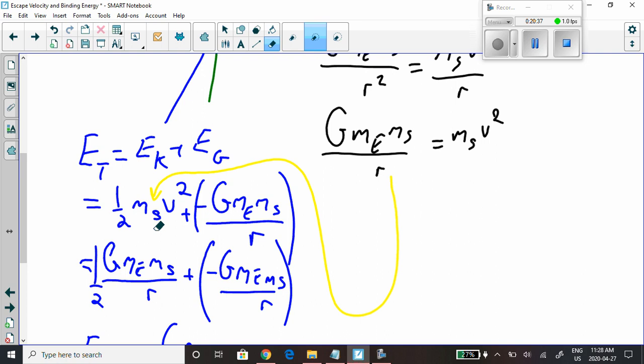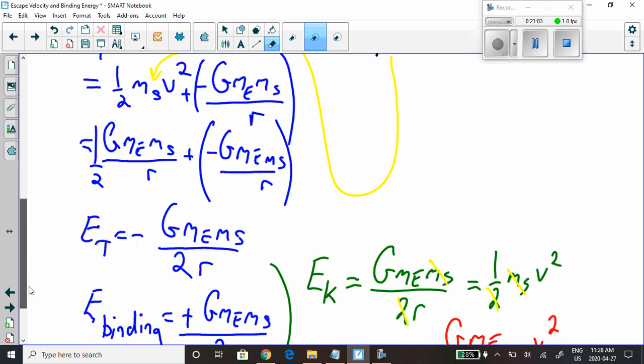So let's take a look at this term right here: mass of the satellite times v squared. Oh, look, I know what that is. So I can take that and plug it in here. The half stays, and now I've got G, mass of the Earth, mass of the satellite, all over r.